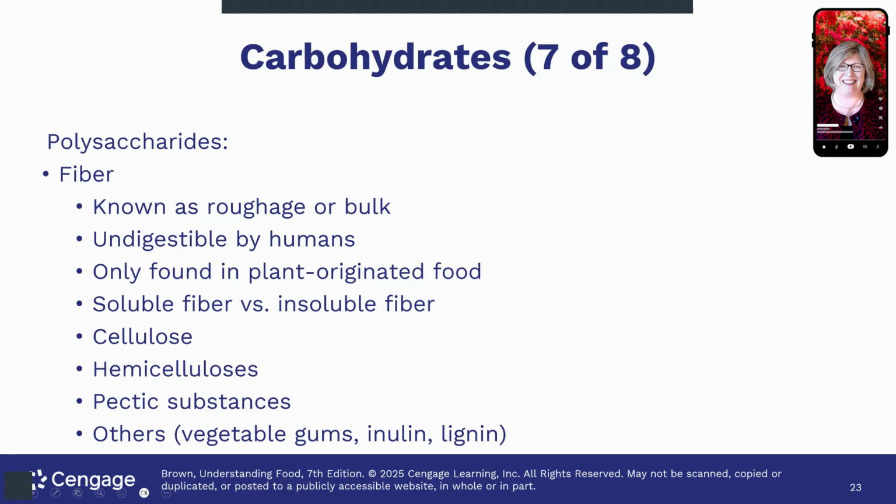We will talk much more about that in the vegetable lecture. Also, you see cellulose, hemicellulose, and pectic substances. You have vegetable gums, inulin, lignin. Again, this will all come up in a future lecture.